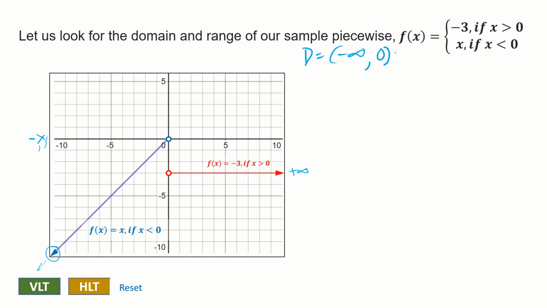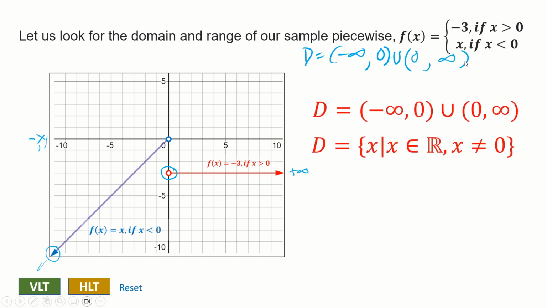So we can create here a union. The second graph starts from 0, where 0 is not included, towards positive infinity. Okay. So this one is the interval notation. This is our set builder notation.